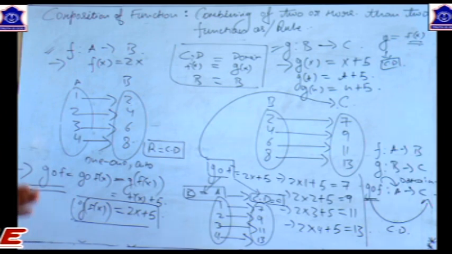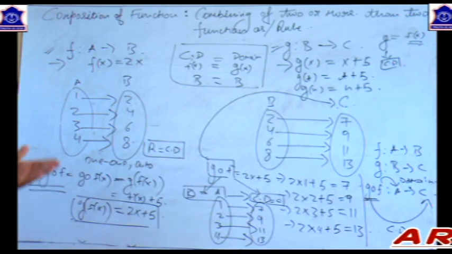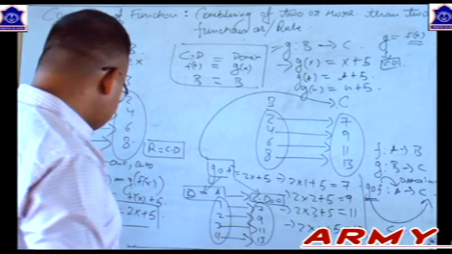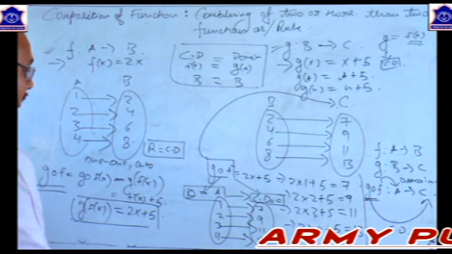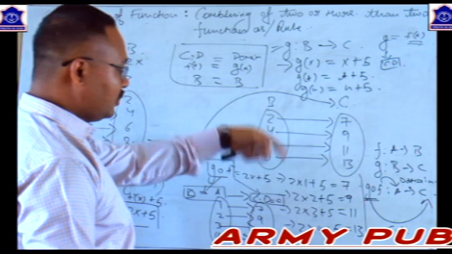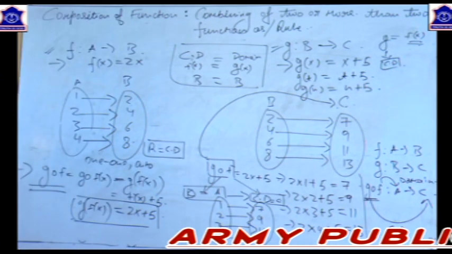If I apply another rule, that is f of g, because if GOF can exist, we can try for fog of x also. So please note this concept if you want to.